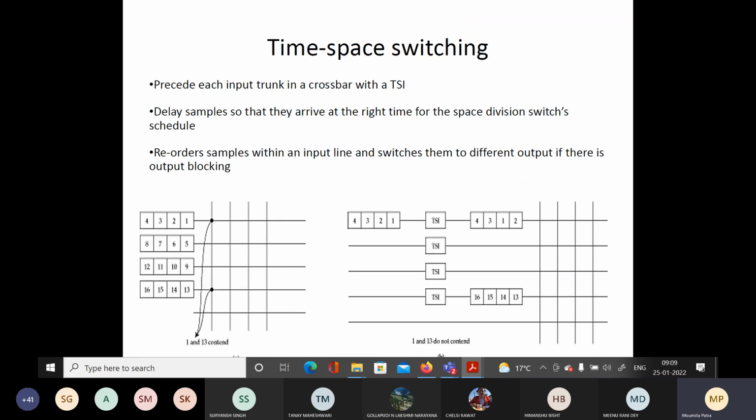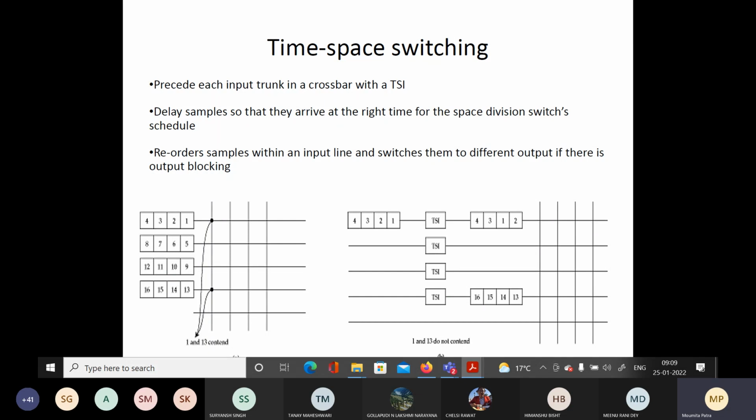Now with that, we come to today's class, where we are talking about time space switching. It uses time slot interchange, and it also uses space division switching. That is what gives the name, time space switching. If you remember, when we were using TSI, we used it just after the samples arrive out of the multiplexer.